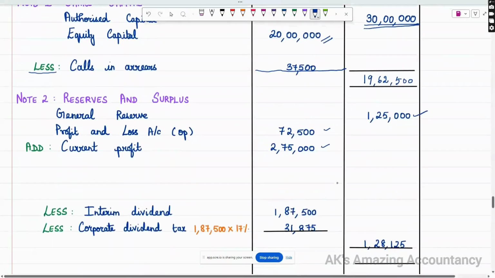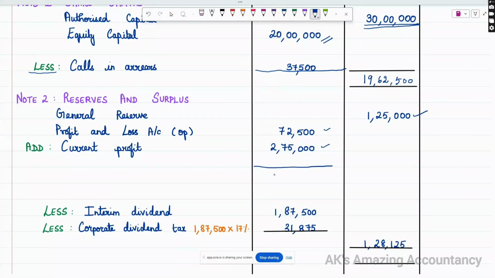When we add these two amounts together, how much will we be getting? We'll just add and see. So when you add these two amounts together, you will be getting 3,47,500.